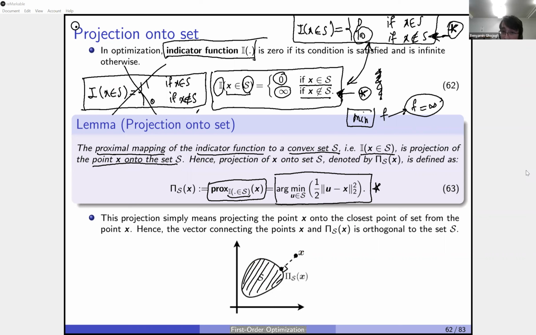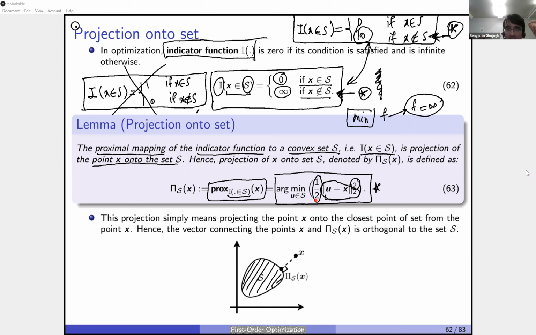It can be on the boundary too, or it can be inside the S. So among these points inside the set S, including the boundary, find the point which is closest to the point X. This means minimize the distance between U and X. And this is the L2 norm, which we already talked about, the Euclidean distance. And this is a squared Euclidean distance. And this 1/2 is just for cancellation of the derivative of a square, right?